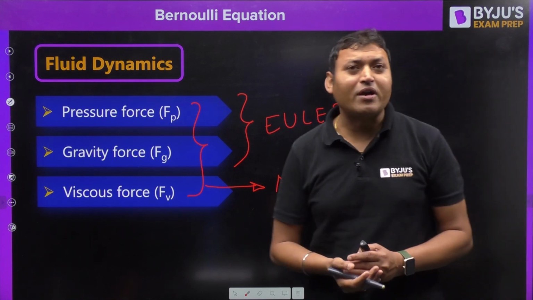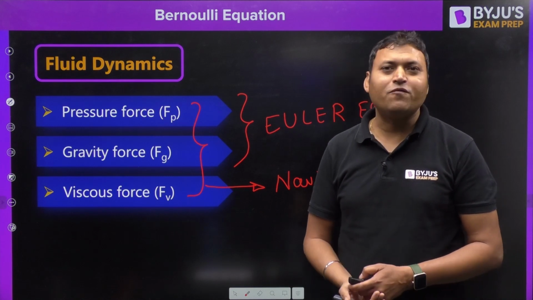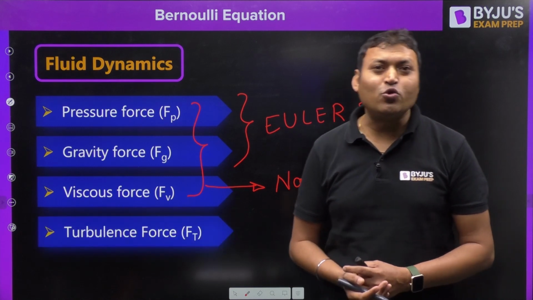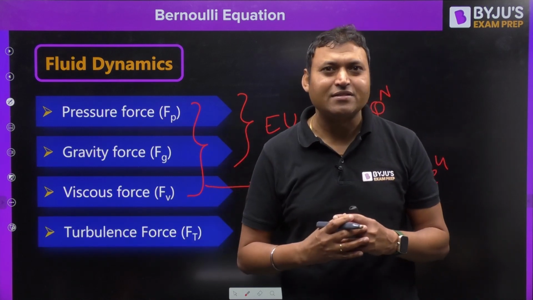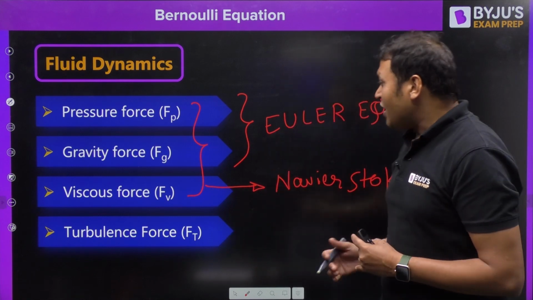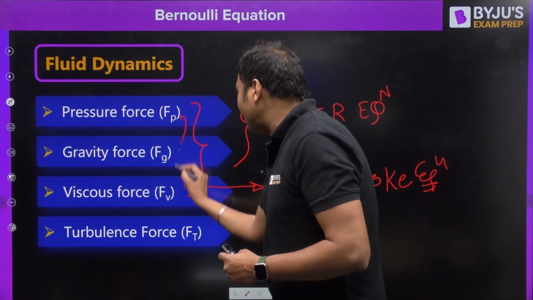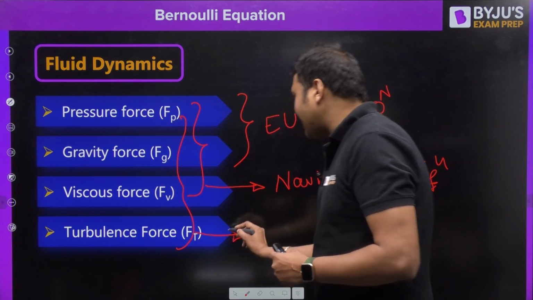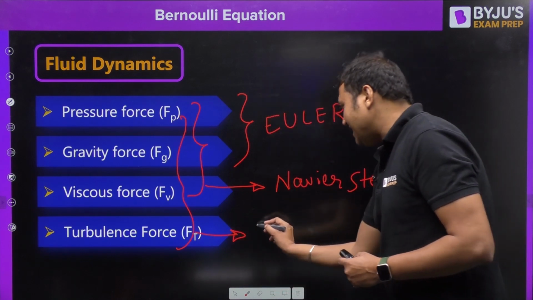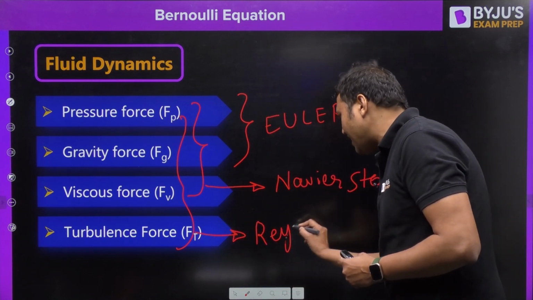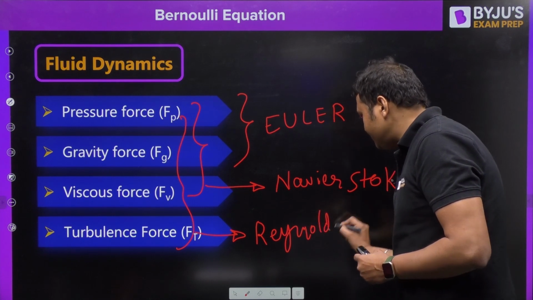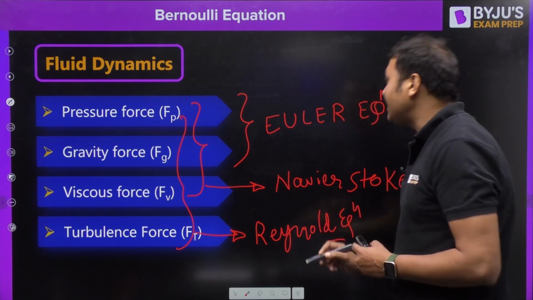Another important force is the force of turbulence, that is due to mixing of the fluid particles during the flow. When all these forces are taken into consideration along with the tangential turbulence force, then the equation obtained is called the Reynolds equation.